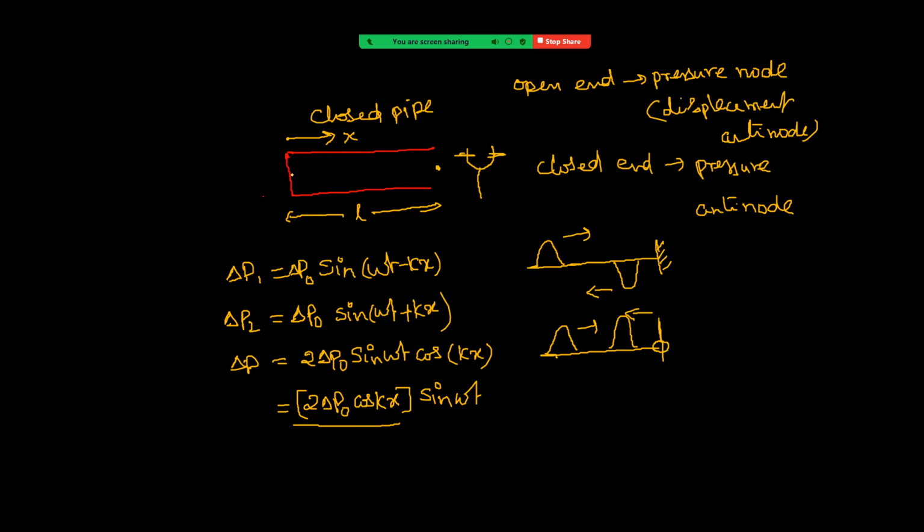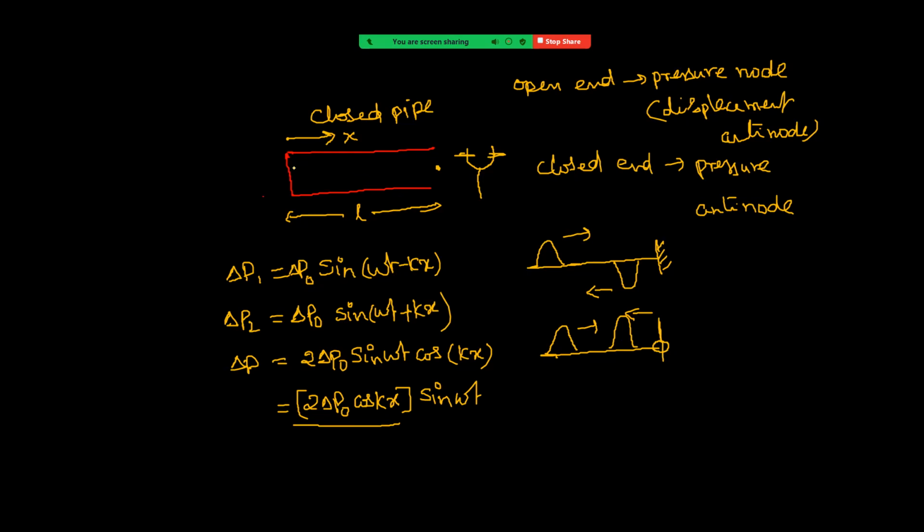If sound reflects from the closed end, which is a pressure antinode, it is just like reflection from a free end. In this case, there is no phase change. That means if a compression pulse reflects from the closed end, it reflects as a compression pulse only.